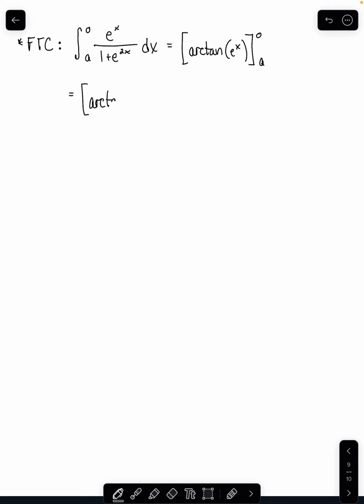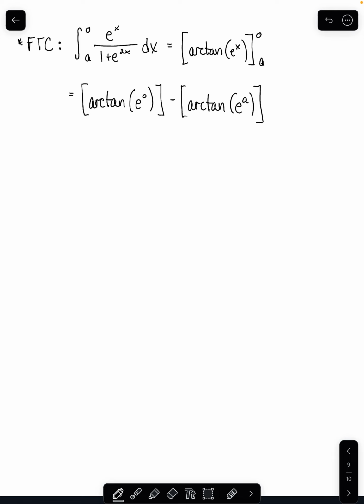So we will have the arctangent of e to the 0 minus the arctangent of e to the a.